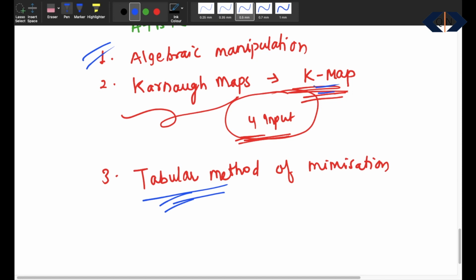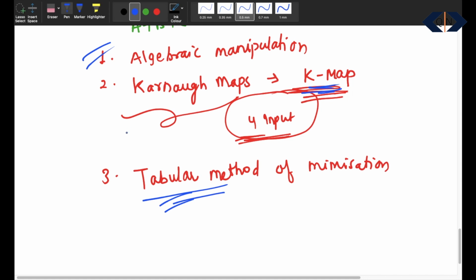Same thing with the K-map: you have to stick to some logic, some mapping, meaning you have to map the corners or map the cells accordingly, and then only can you minimize the circuit.